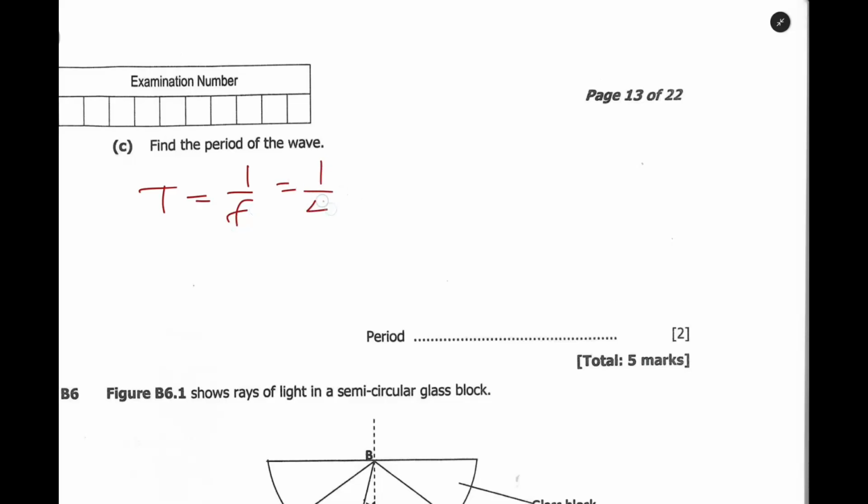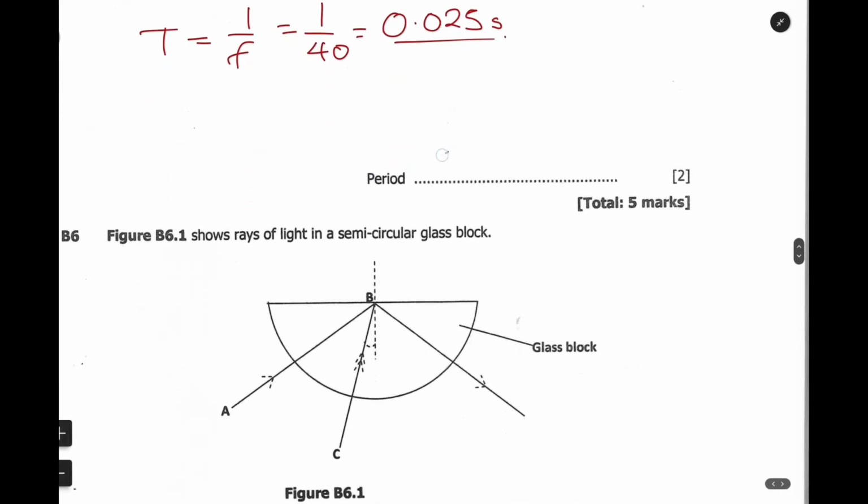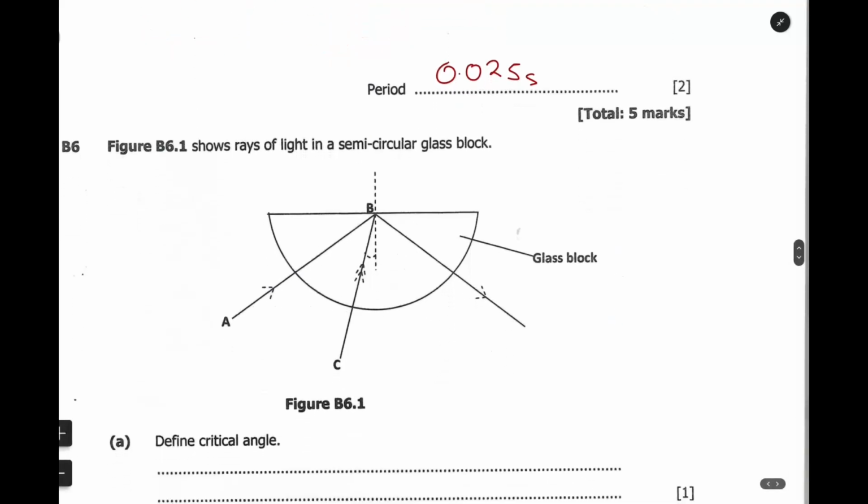So you have 1 over 40, and 1 divided by 40 is 0.025 seconds. That is the answer to this question. So we can write here 0.025 seconds.